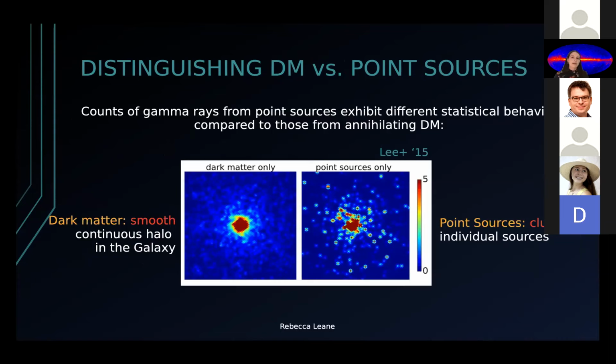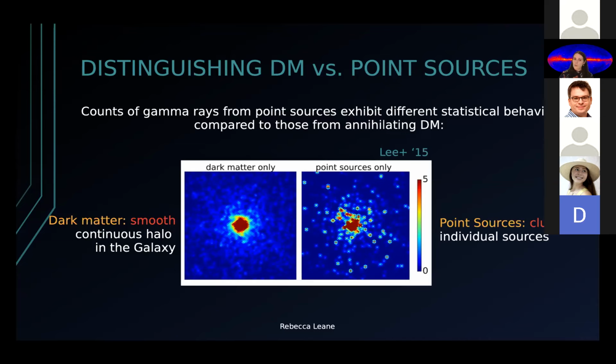Thankfully, they have a particular property that makes it easier to tell them apart, being that the counts of gamma rays that you get from point sources exhibit different statistical behavior compared to those that you have from annihilating dark matter. So you can see this in the figure on the left. This is just from simulations what you might expect dark matter to look like as the galactic center excess. So you see, if you have dark matter in a smooth sort of continuous halo, you expect roughly a smooth signal of gamma rays.